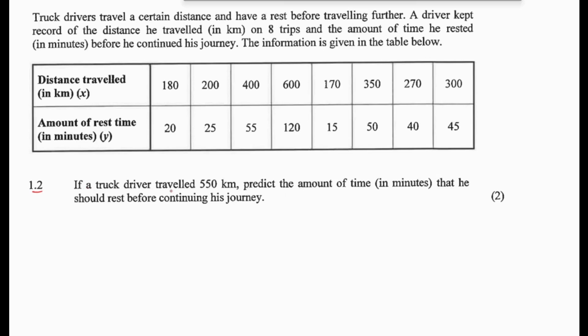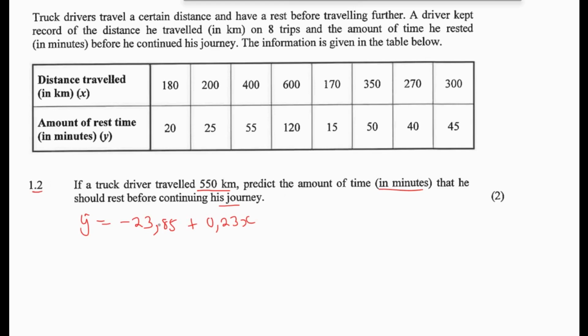Right, question 1.2. If a truck driver traveled 550 kilometers, predict the amount of time in minutes that he should rest before continuing his journey. In the previous lesson, we found the equation of the least squares regression line, which was y equals negative 23,85 plus 0,23x.